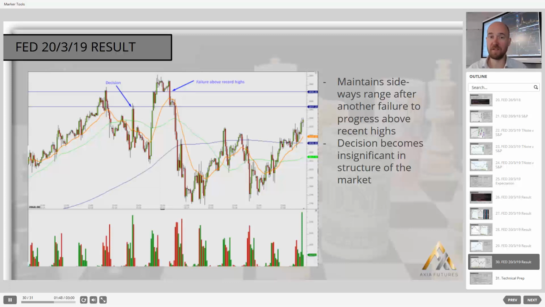In this situation, the S&P had no clear sign whether it wanted to go up or down after the decision. There was fundamental reason to go up, very little technical reason to though. And that then meant that the decision itself becomes relatively insignificant in the middle of a wider range, as this market then waits for further input to then make a larger decision.